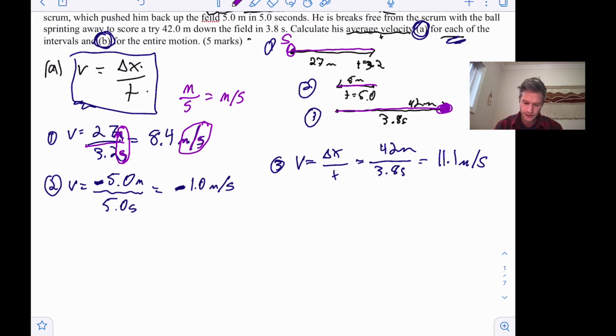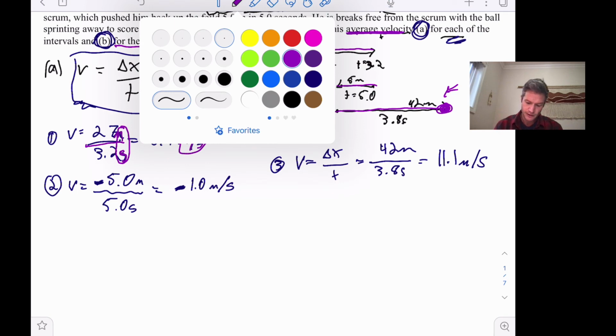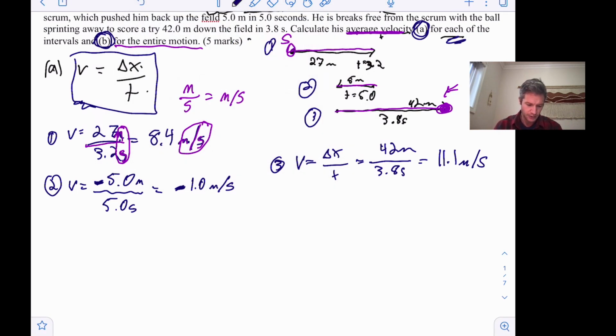So from our start to our finish point, it's wondering what is our average velocity. Okay, so from here, what we'll do is we're still working with the same idea, the same principle, the same definition, the same equation here. We just do it for the whole motion.